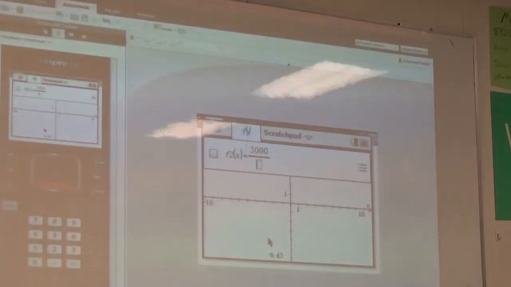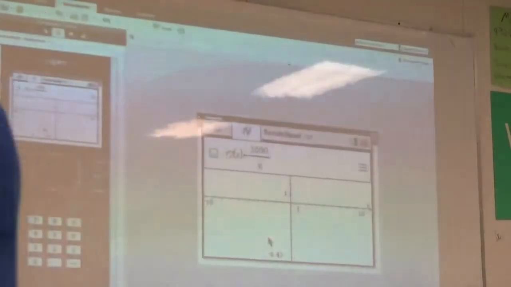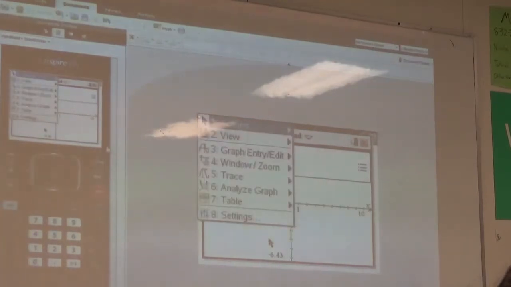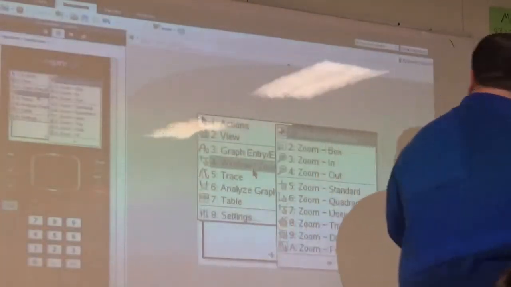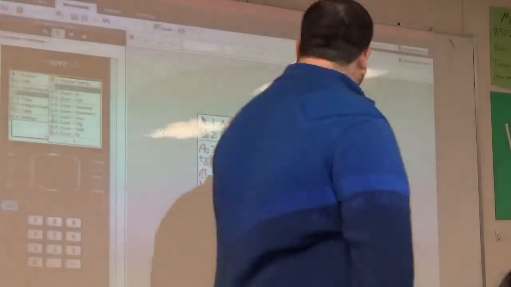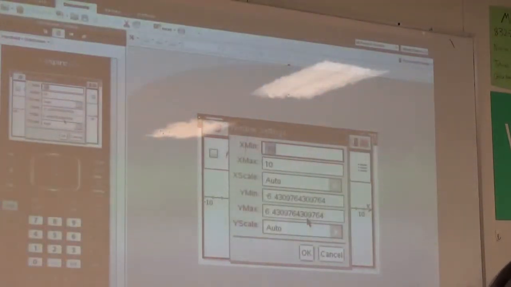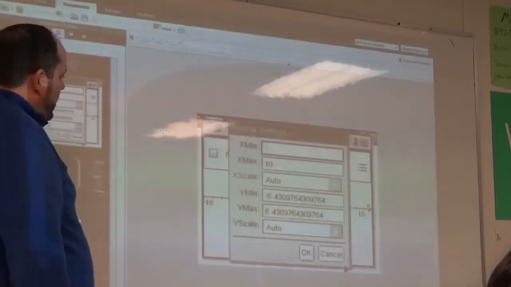Units are always important. So Miguel's doing a good job getting things set up.